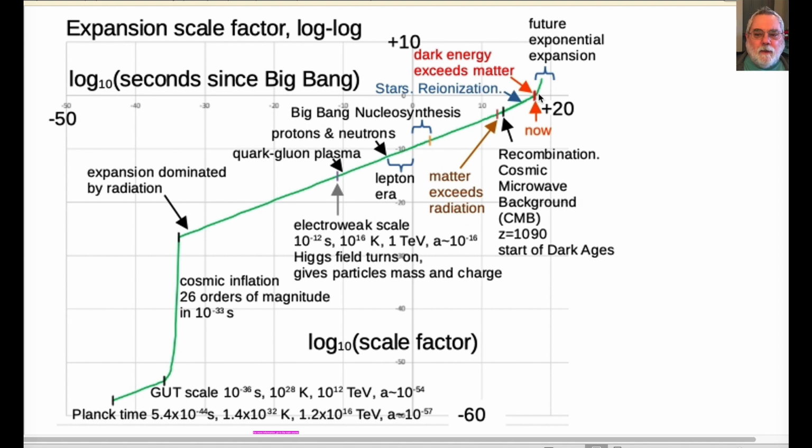The distance between distant galaxies will continue to increase, but the galaxies themselves will remain intact galaxies, and galaxy clusters will remain galaxy clusters. The distance between galaxy clusters will continue to increase. This future is called the Big Chill.